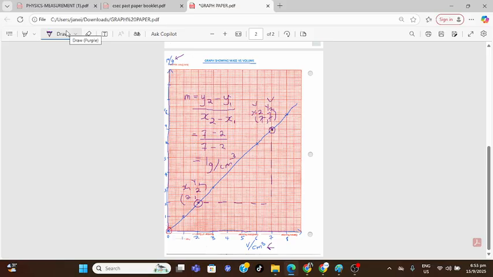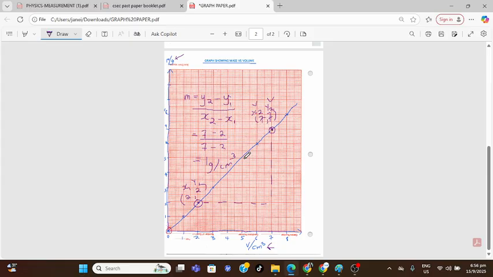Looking at the SI unit, the SI unit is gonna be grams per centimeter cube, and that's density. And pretty much, to be more accurate, it's the density of water. So when you are asked what the gradient represents, you look at the unit. That's how you answer that question.